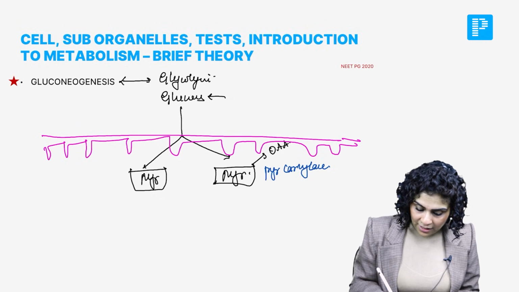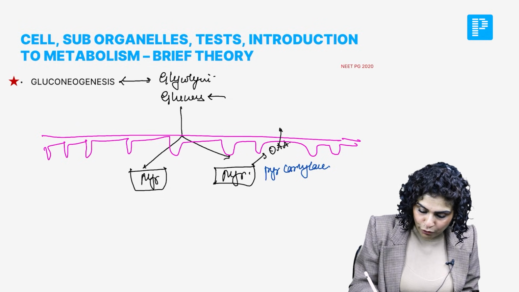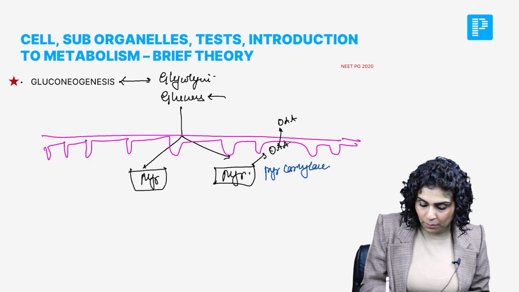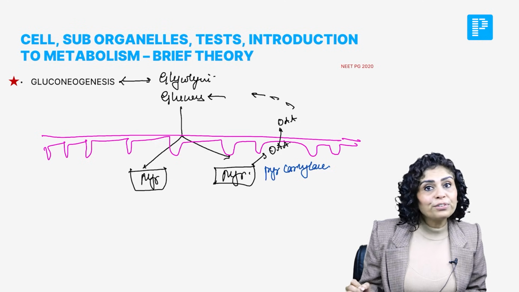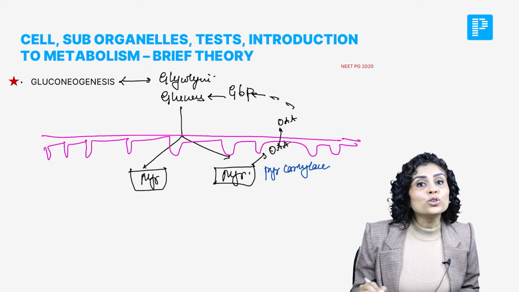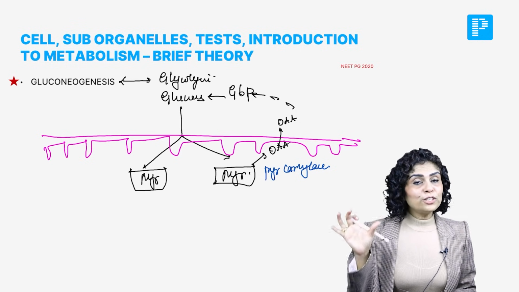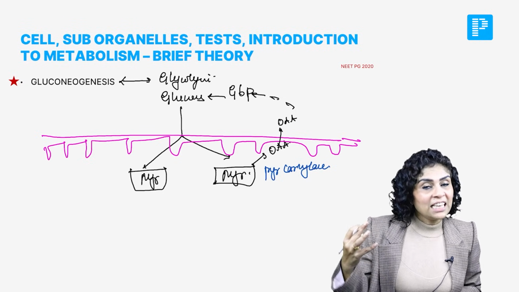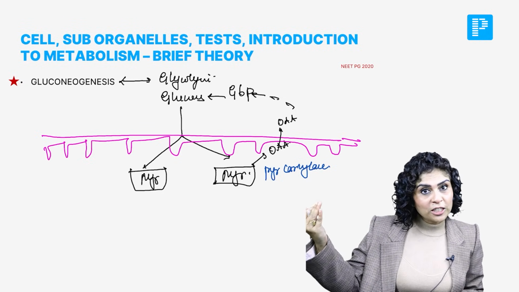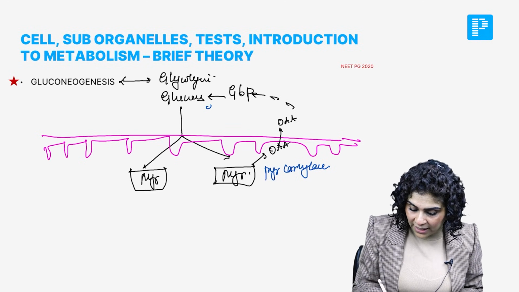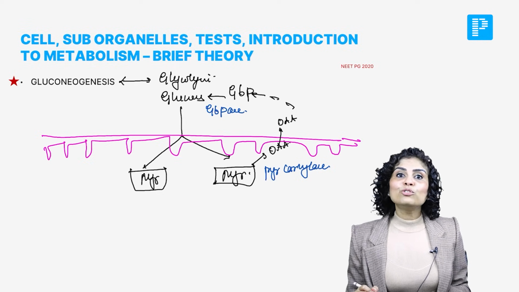Okay. Then this oxaloacetate comes out of mitochondria, reaches cytoplasm. In cytoplasm, it goes through reversal of glycolysis until it forms glucose 6-phosphate. After glucose 6-phosphate, the logical name to the enzyme which can convert glucose 6-phosphate into glucose is glucose 6-phosphatase. So which is the last enzyme of gluconeogenesis?